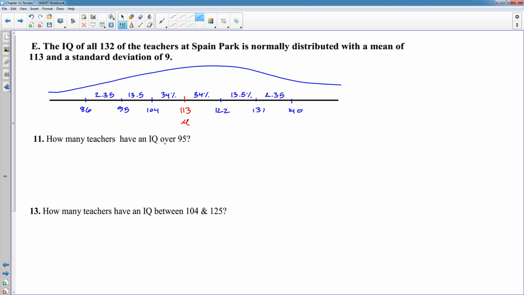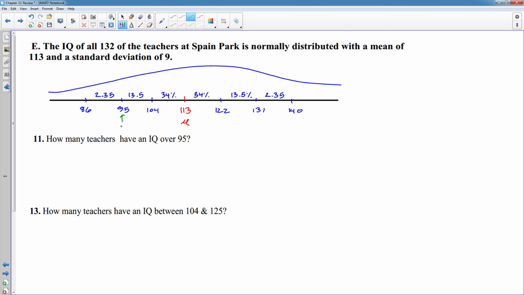Okay, so how many teachers have an IQ over 95? Okay, well, this one for over 95, here's how I do this one. 95 is right here. This is a nice problem because it is one of the standard deviation problems, or one of the standard deviation intervals.